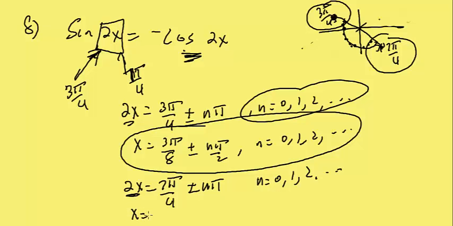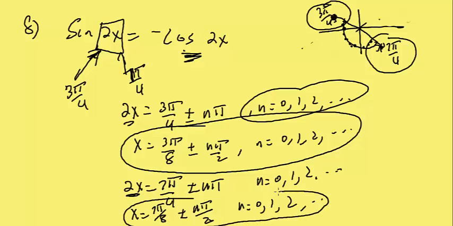So I'm going to get x is equal to 7 pi over 8 plus or minus n pi over 2, and n is equal to 0, 1, 2, and so on. And that is my second set of answers. That means this is an infinite number of answers. I don't have any domain restrictions. That's why I've come up with an infinite number of answers.